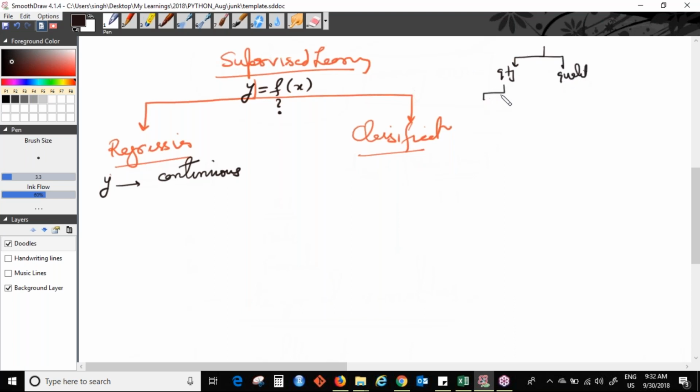Within quantitative we have continuous and discrete. Within qualitative we have nominal and ordinal. So this is used for quantitative variables, and more specifically for continuous variables. Wherever your y is continuous in nature, you will call it a regression problem.